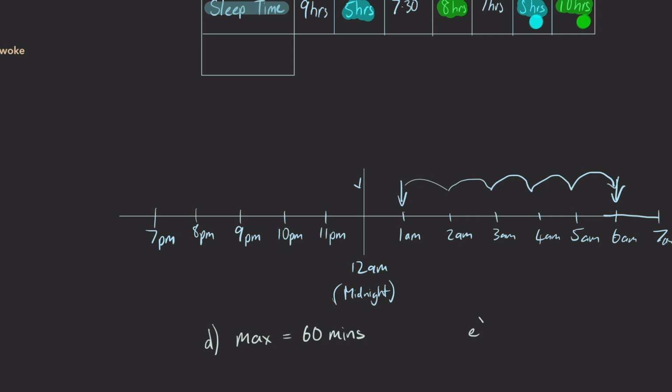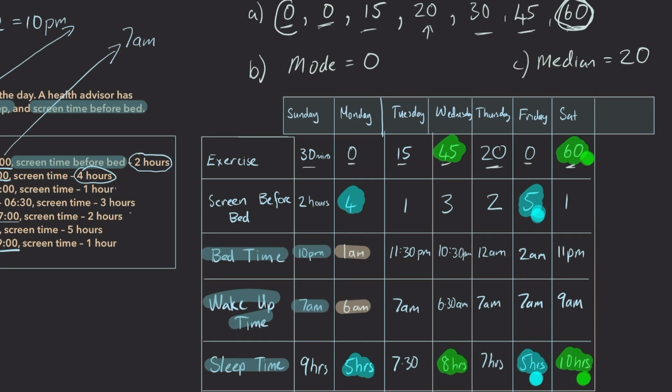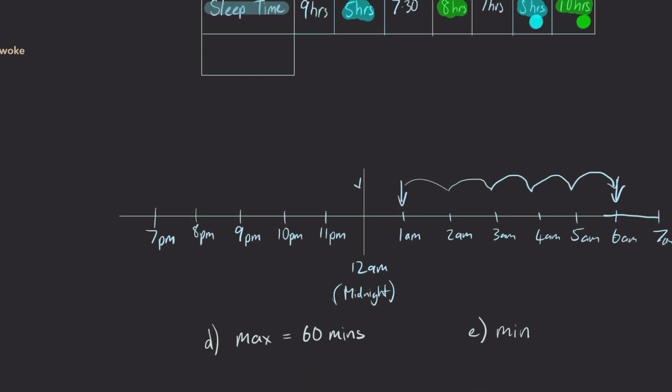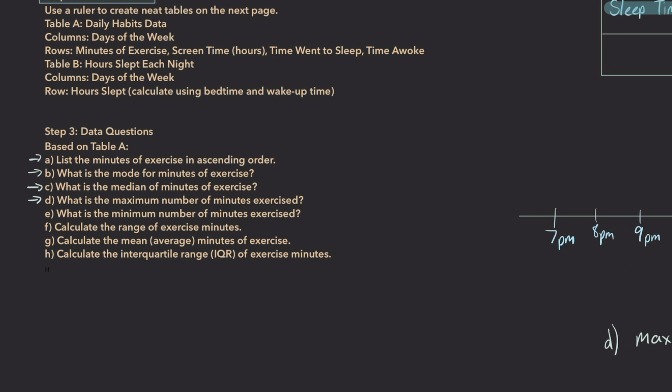So we do E. I think that's going to ask us the minimum. All right, we know the minimum is 0. So minimum is equal to 0 minutes. It means the least exercise we did was 0.